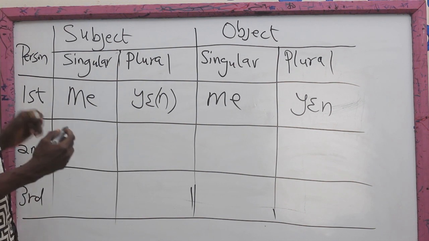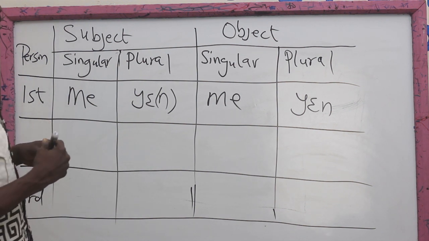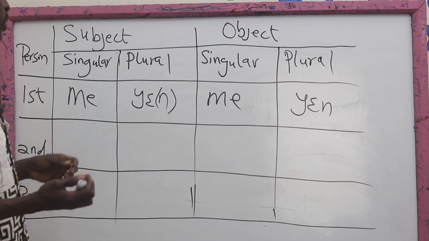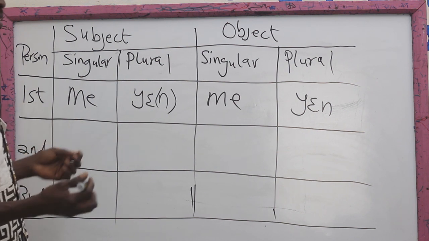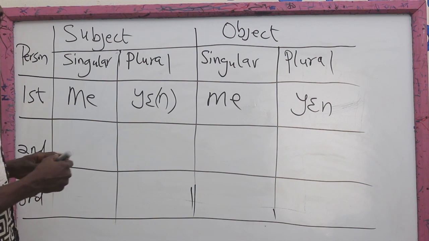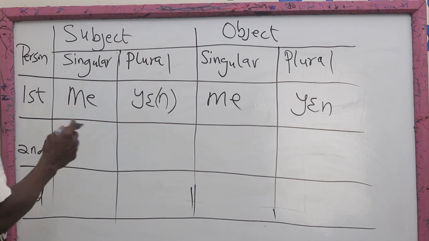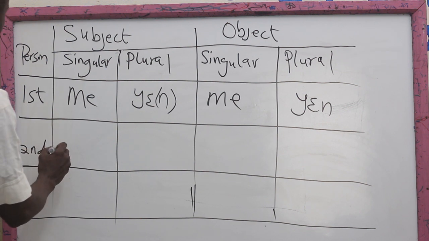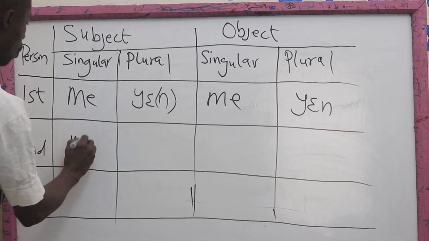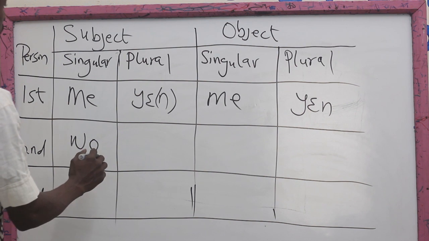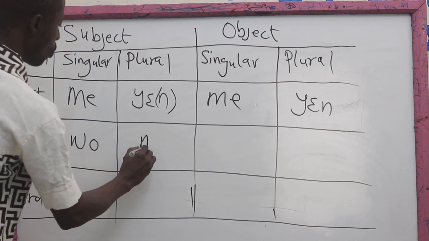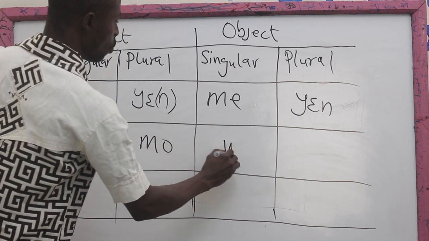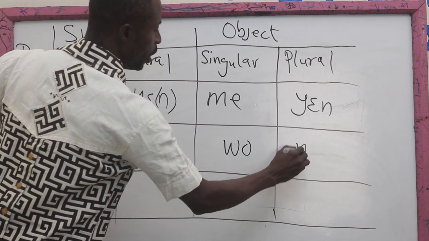We should remember that the subject and the object personal pronouns are almost the same in Akan, unlike English where we have some variations. And with the second person, we have wo, and the plural is mo. The same thing applies to the object, wo and mo.